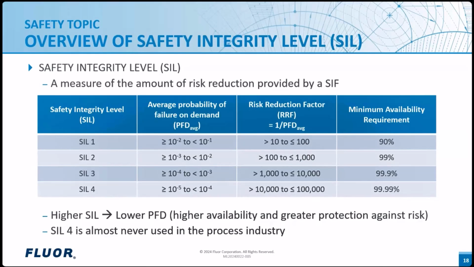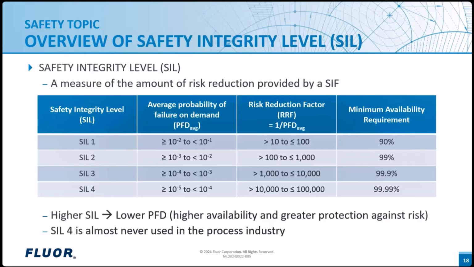Note that there is a factor of 10 between each level. A higher SIL corresponds to a lower probability of failure on demand, and therefore a greater availability and greater protection against risk. The risk reduction factor, or RRF, is the inverse of the PFD average.